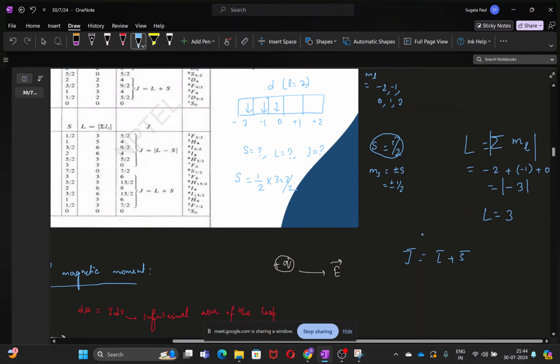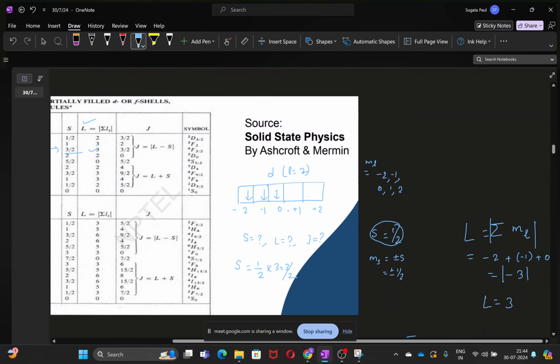For this case, you will see that there are only 3 electrons. That means for d orbital, you know that there can be maximum 10 electron capacity. So half of 10 electrons is 5.